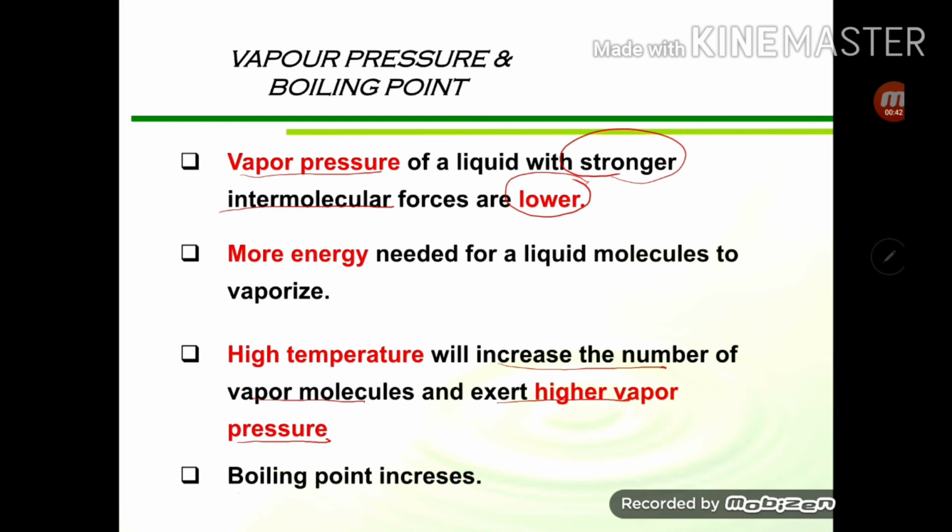At this time, boiling point increases. So, from this point, we can conclude that a liquid with high boiling point will have lower vapor pressure, and a liquid with a low boiling point will have higher vapor pressure.